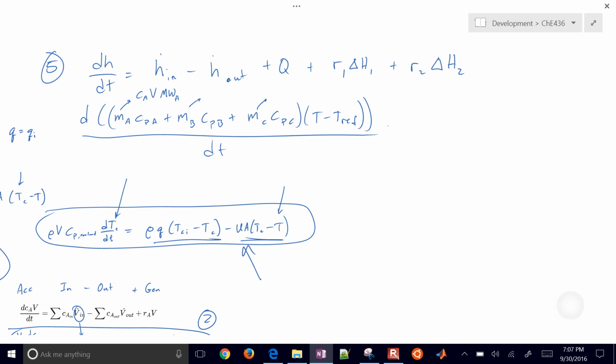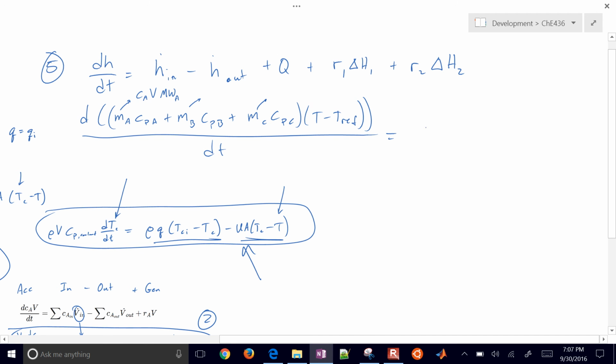And then this is going to be equal to, on the right side, the volumetric flow rates in, and we're going to have a different concentration in for each of them.